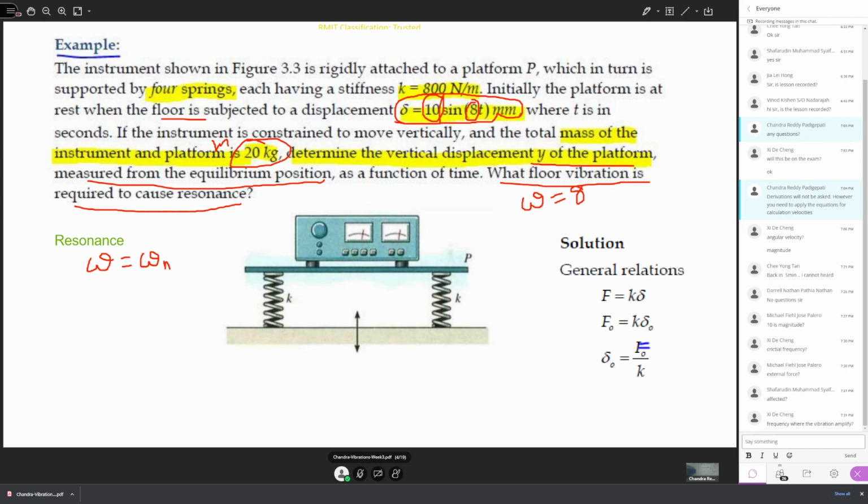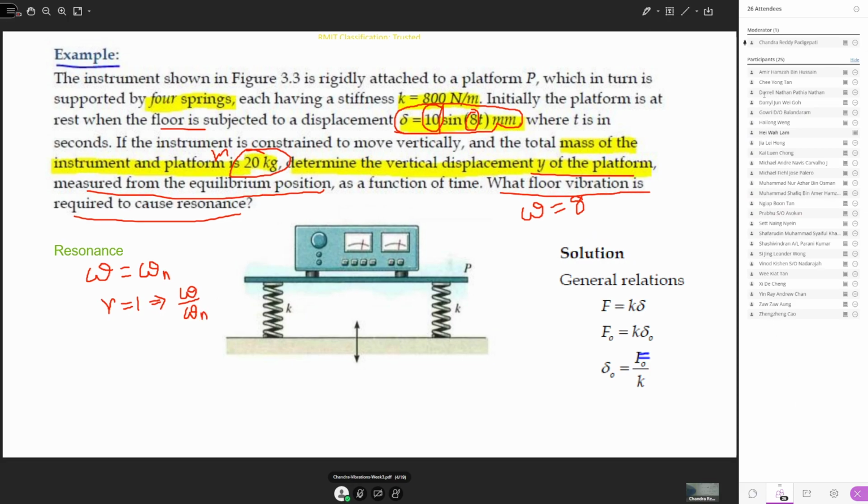This scenario is called resonance. So resonance means when the force frequency equals the natural frequency of the system. In other words, under resonance, R is equal to 1, that means the ratio of omega over omega n is equal to 1.